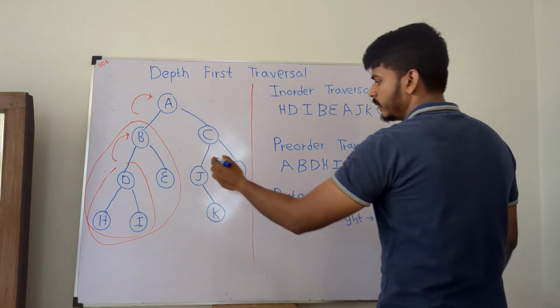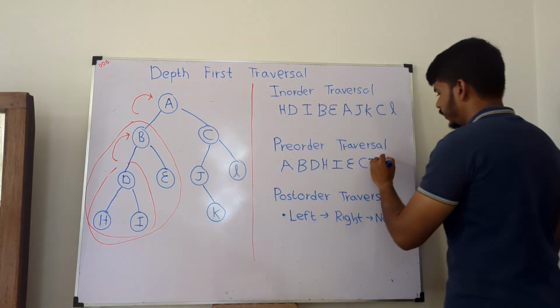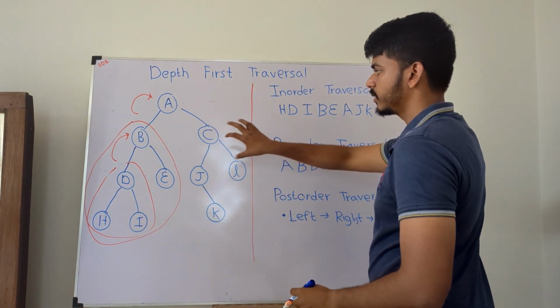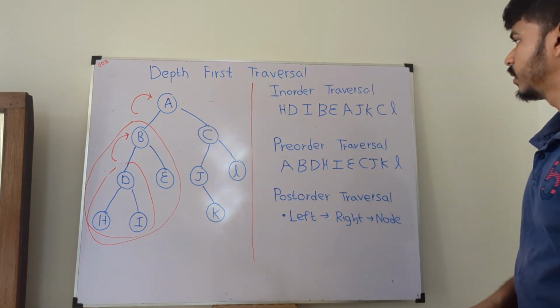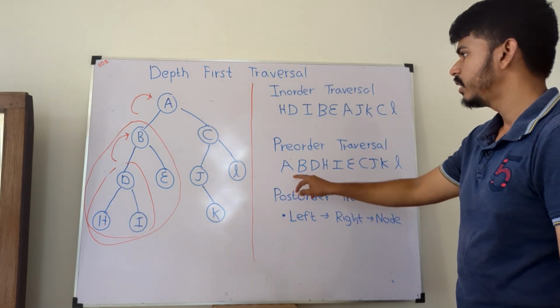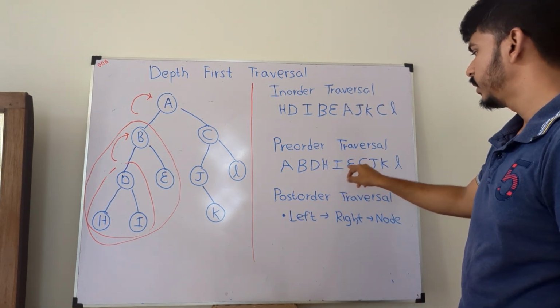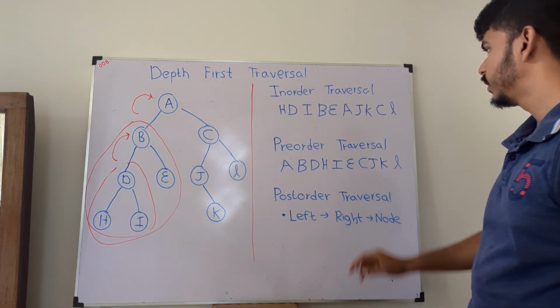There is no left child. Then the right child is K. After that, C's right child L. So here: A, B, D, H, I, E, C, J, K, L.